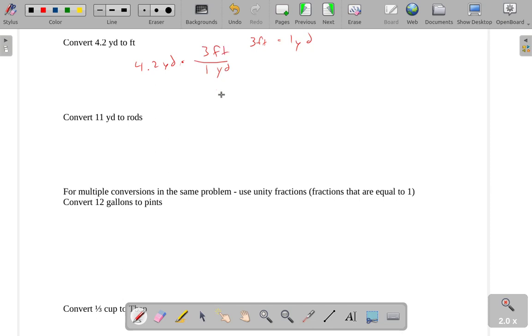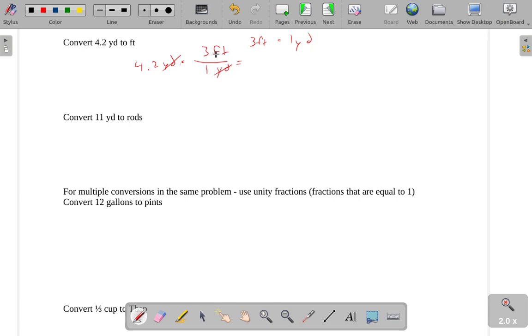Since 3 feet is equal to 1 yard, then this fraction 3 feet divided by 1 yard is equal to 1. This quantity is equal to 1 because it's the same distance on the top and the same distance on the bottom. We know that a number divided by itself is equal to 1. And the same thing goes with the distances. A distance divided by itself is equal to 1. But the nice thing about writing it like this is now I can cancel out those yards.